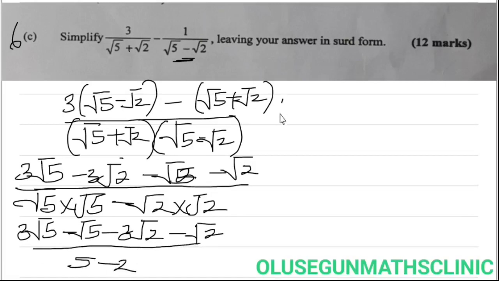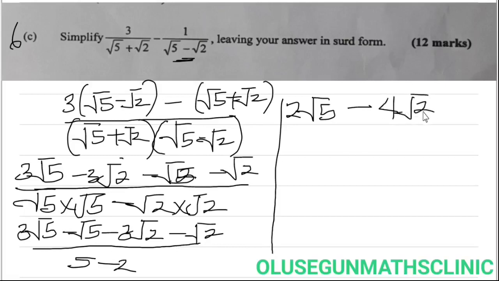So now, in solving this, you discover that it will remain 2 root 5, minus 3 root 2 minus root 2 to be minus 4 root 2, over 3.